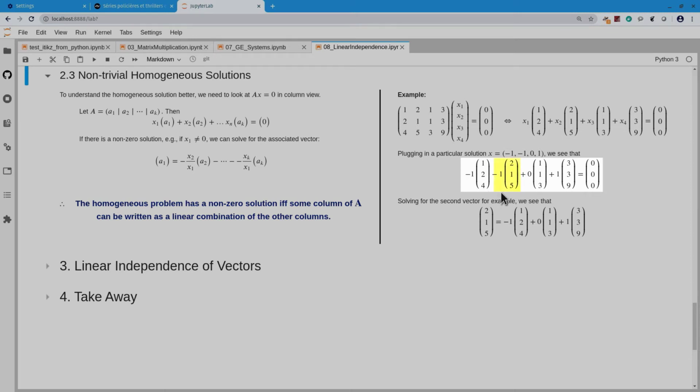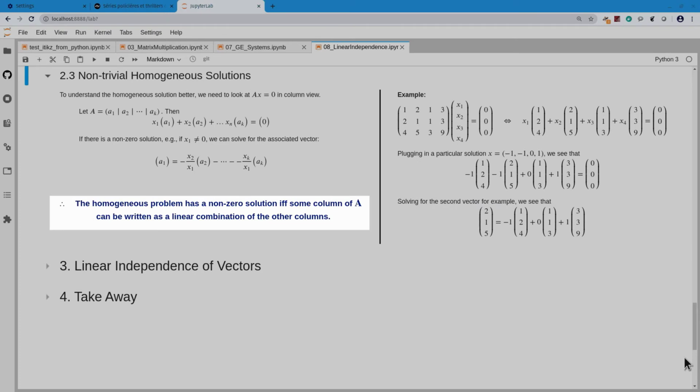And as a consequence, I can pick one of those vectors that doesn't have a 0 multiplier and solve for it. So for example, if I take 2, 1, 5, the second vector, I can solve for it in terms of the other vectors. That vector 2, 1, 5 is a linear combination of the other vectors.